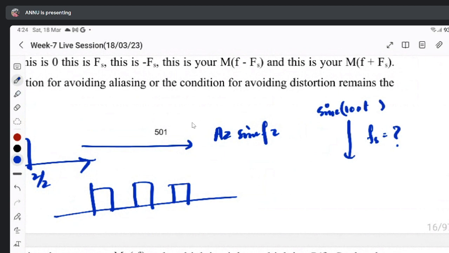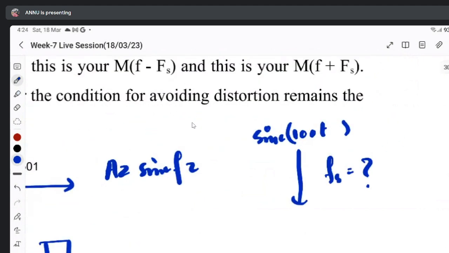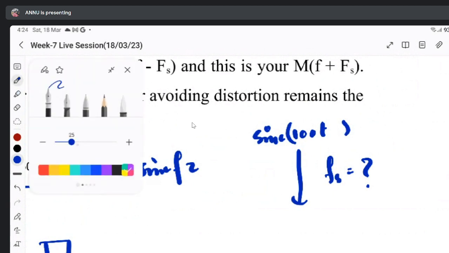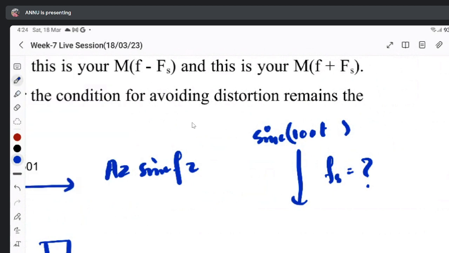This is a time domain sinc function, and you have to find the sampling frequency. Yes, ma'am, it's quite simple. It will be fs by 2. It should be 50 hertz. No, no, I'm asking the sampling frequency, fs. Should be 100. Yes, yes. Nice. It should be 100.